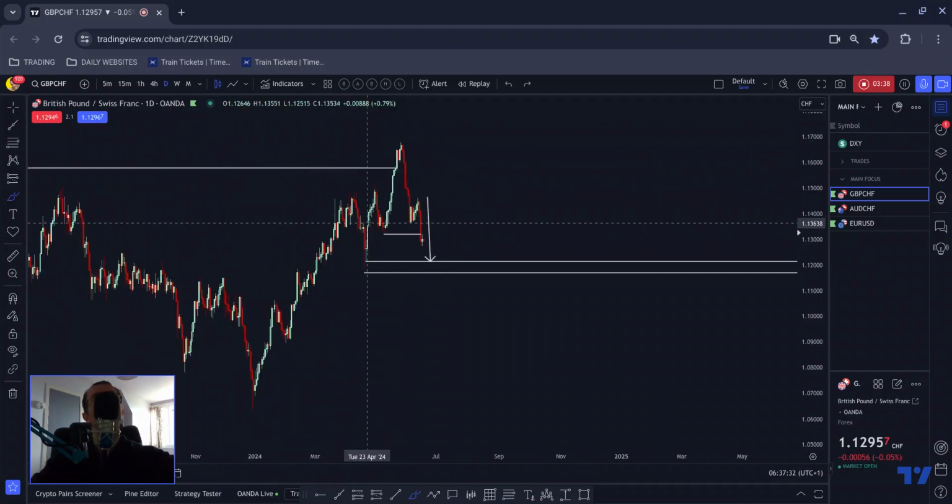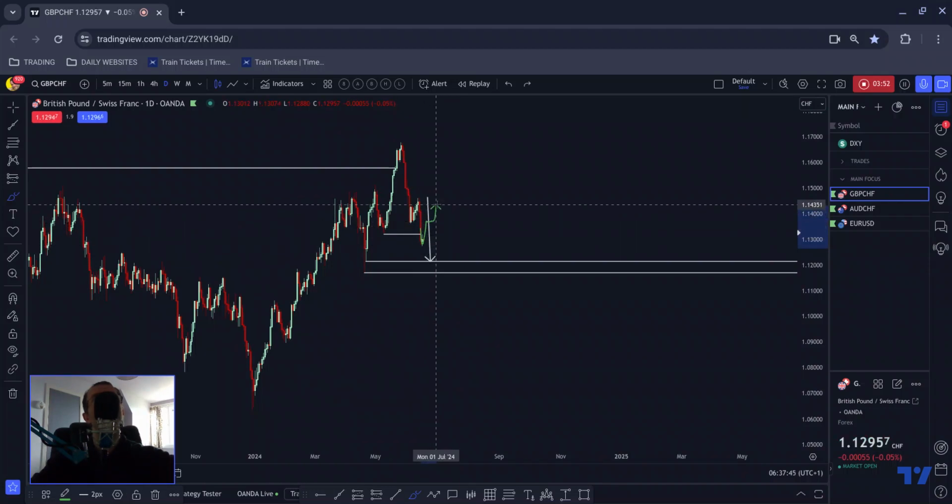So the next thing I'm looking at is, what did we do at this low? It doesn't make sense for it to do so, but price could find liquidity there and then retrace to the upside. Then we're looking for longs, or looking to target this high maybe for a larger correction like that.